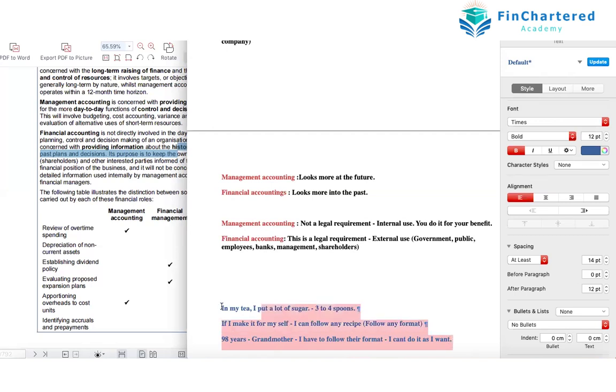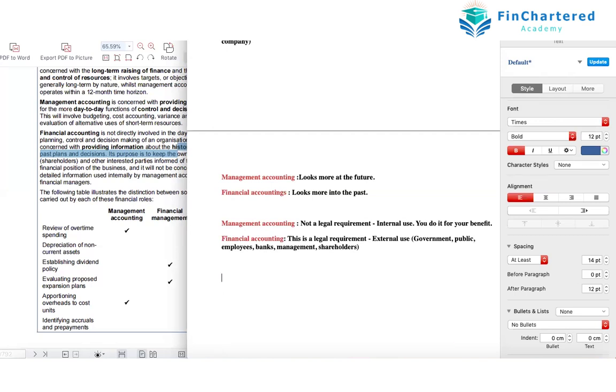So, management accounting, from this example, I hope it's clear. Management accounting, there is no set format. But financial accounting, on the other hand, there is a format to follow.